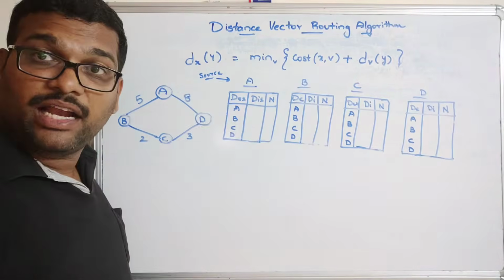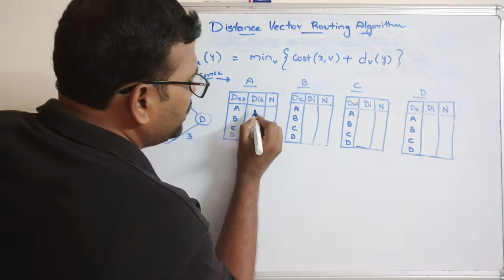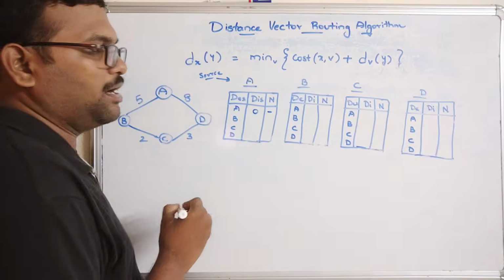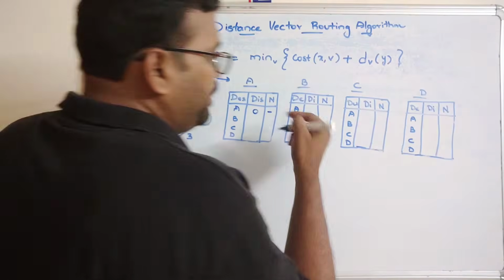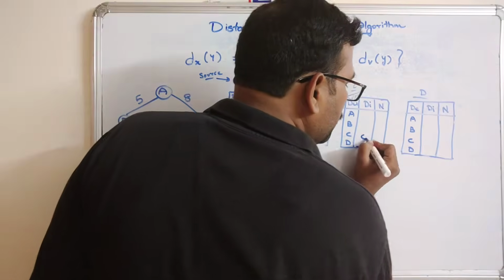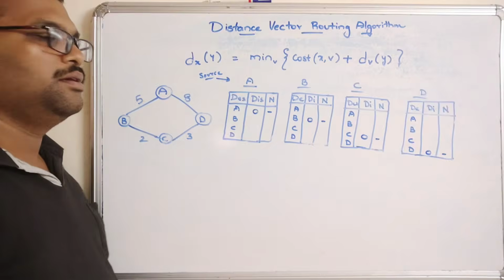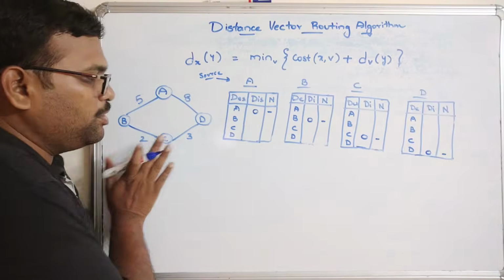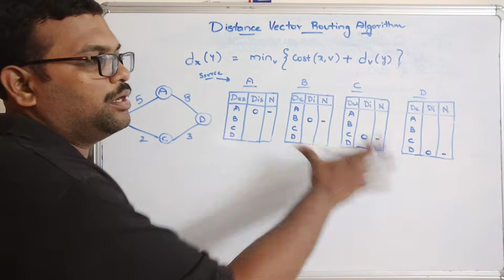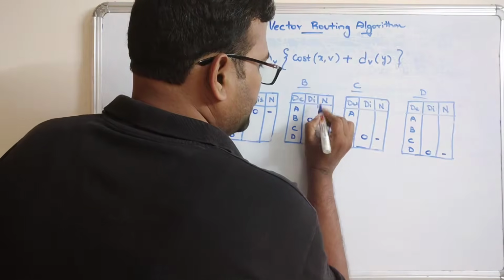If source and destination are equal, the distance to be traveled is 0. So obviously A to A is 0, and the next hop is none. B to B is 0, next hop is none. C to C is 0, next hop is none. D to D is 0, next hop is none. Right? Now, based upon this information, we have to give the complete routing information.